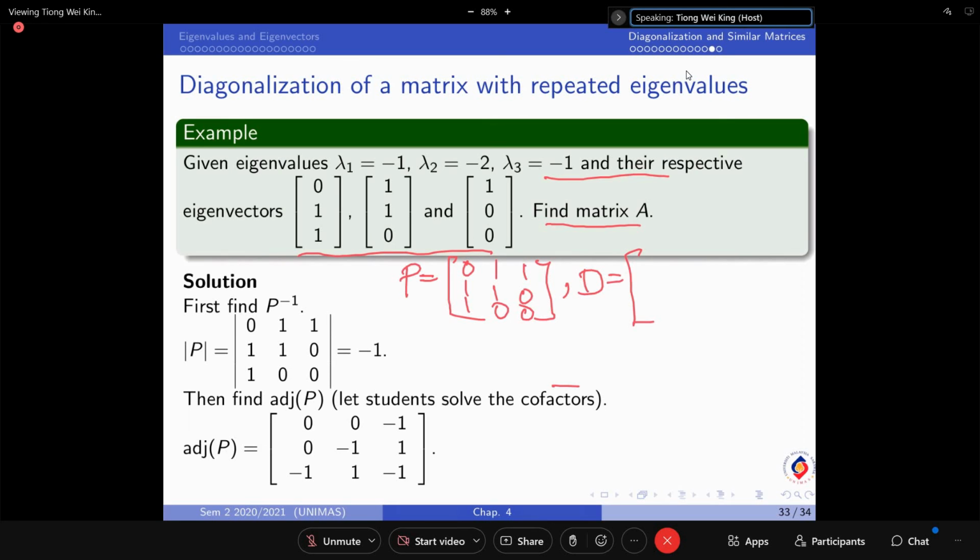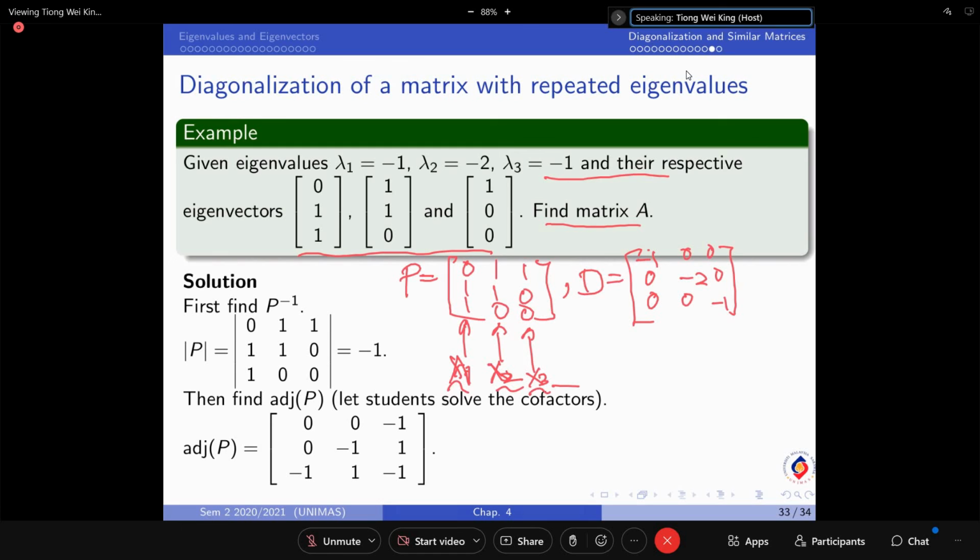It is according to the order here. So this is x1, x2, x3, and the order here is lambda 1, lambda 2, lambda 3. So for D is -1, -2, -1. So this is our D.